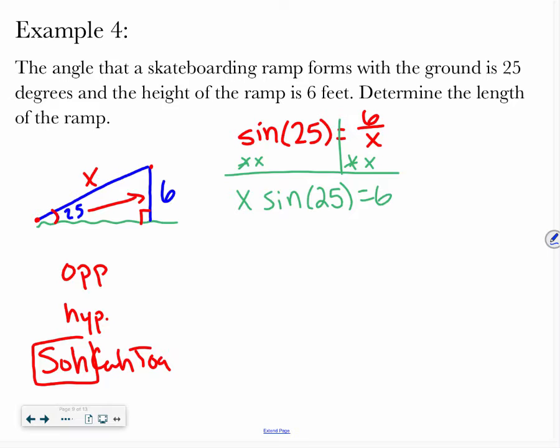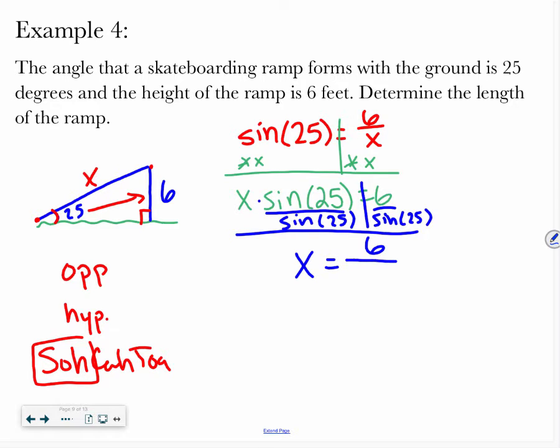Then I want to get x by itself. Right now it's being multiplied with sine of 25. So I'm going to divide both sides by sine of 25. So I have x equals 6 divided by sine of 25. And if I plug that into a calculator, I get that the ramp is about 14.2 feet.